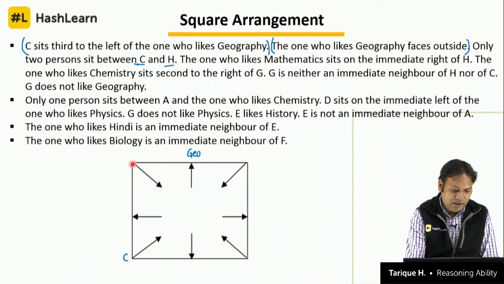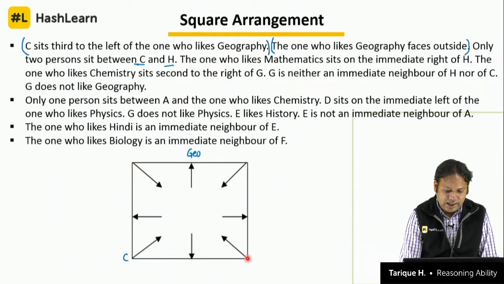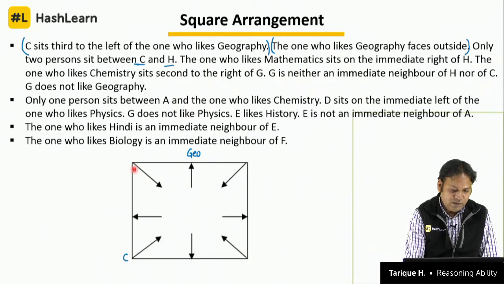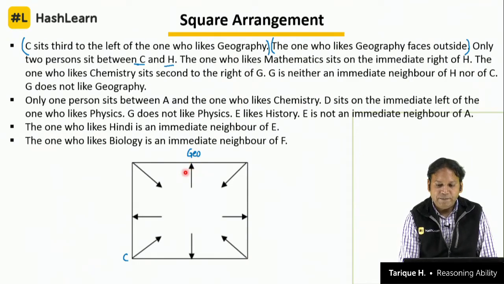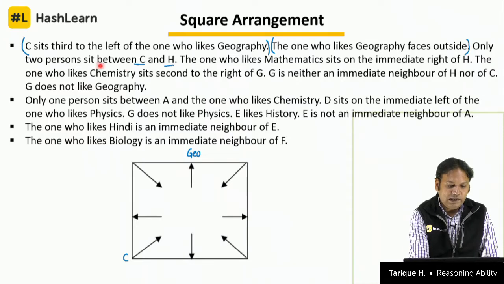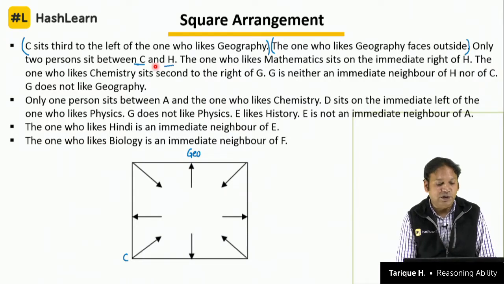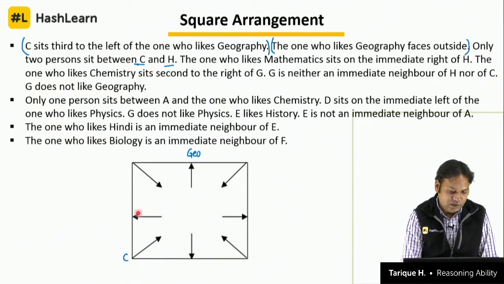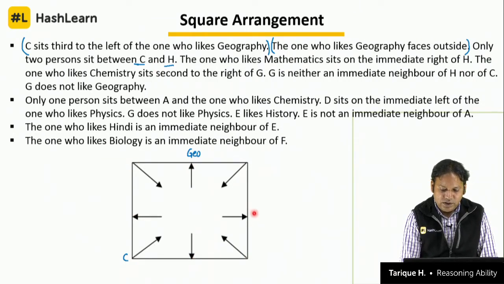So H can be here or H can be here, because there are only 2 persons between C and H. So 1, 2, this is H, or we can say 1, 2, this is H.